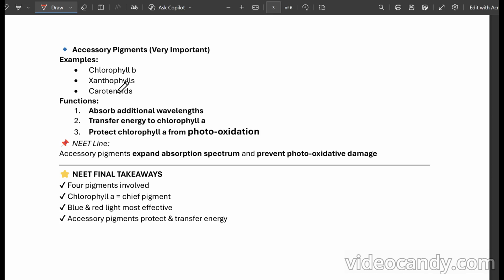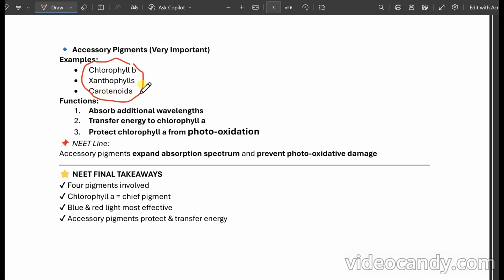Sometimes the sunshine is not that intense, so it has different wavelengths. Blue light थोड़ा कम हो जाएगा, red light थोड़ा कम हो जाएगा, दूसरा light अधिक मात्रा में रहेगा। तब ये pigments photosynthesis होने के लिए help करते हैं.